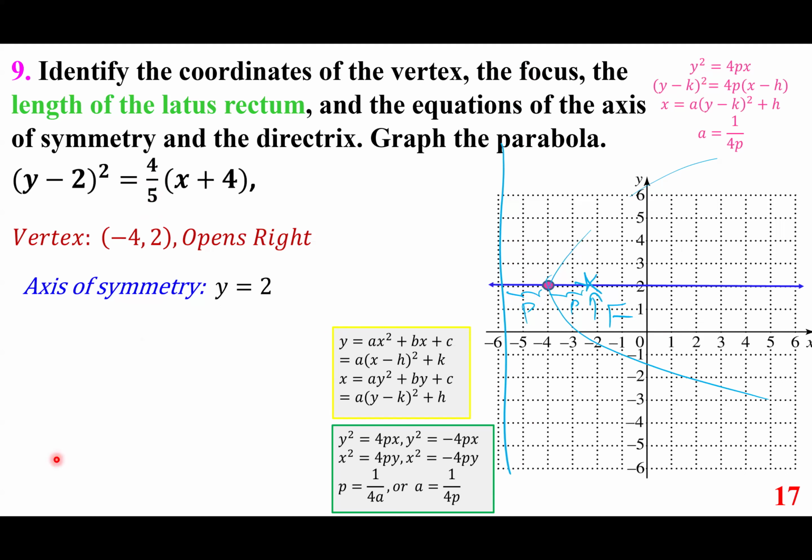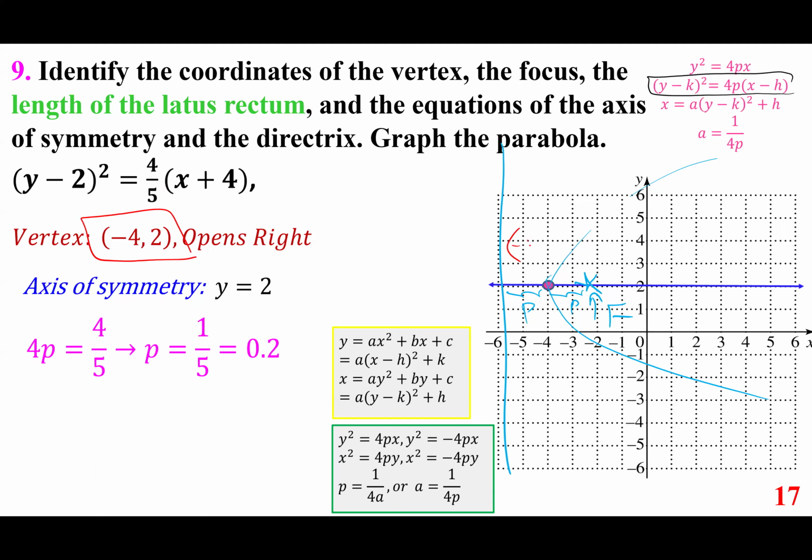Take a look at this one. 4p is 4 over 5, so p is 1 over 5, or 0.2. The vertex is located at (-4, 2).